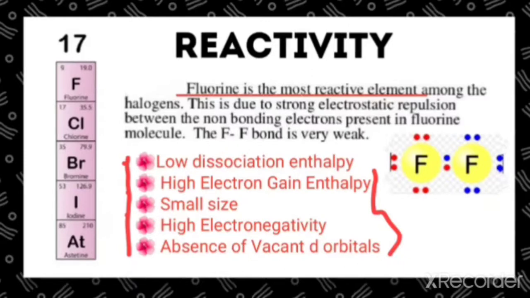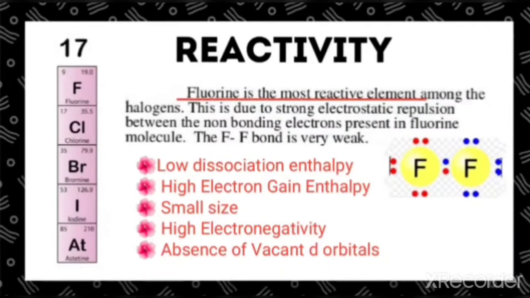So these are the 5 important points which you need to remember for fluorine. Low dissociation enthalpy, because of that it is highly reactive. It has high electron gain enthalpy, small size, high electronegativity and absence of vacant d orbitals. These 5 points are quite important for reasoning questions related to fluorine with its own members.